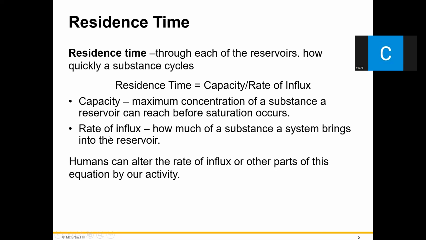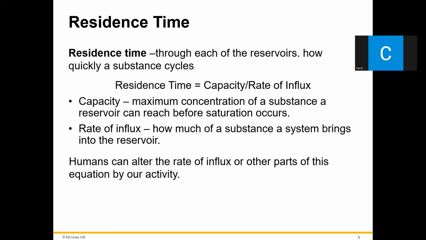So the rate of influx would be, let's say it's a lake, how fast are the streams flowing that go into that lake. Also, if the lake isn't the final endpoint and there's a stream that comes out of that lake, like let's say it's a dammed area, then what is the rate of the influx and the rate of the outflux, what's coming out on the other side of the dam, and then the capacity, so how large is that lake?